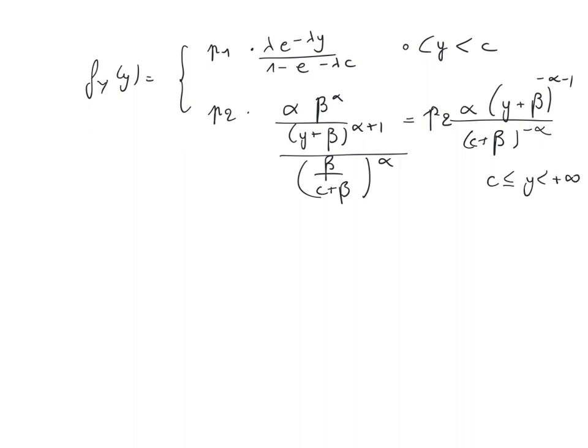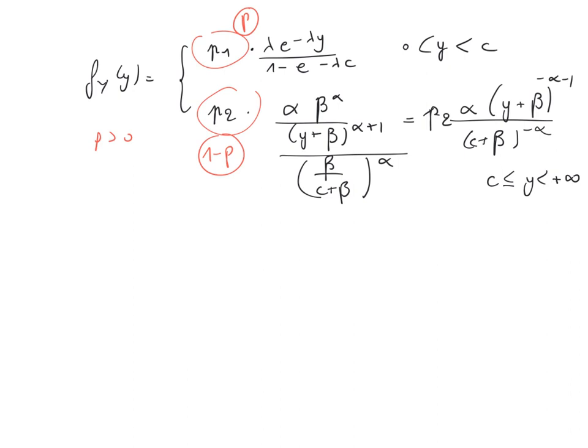Now, I know that p1 and p2 are the weights, so they will be positive and they will sum to 1. So I can replace them with a weight p and 1 minus p to make sure that I satisfy this constraint of having weights that sum to 1, and of course p should be above 0. So this is the spliced construction that I can put together.